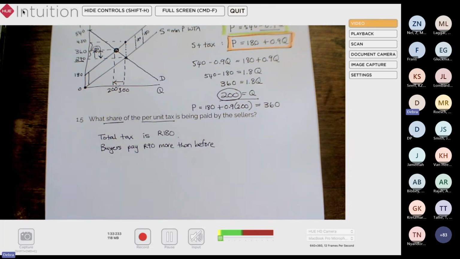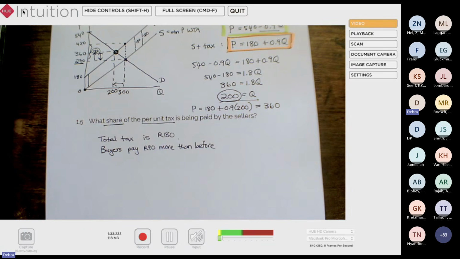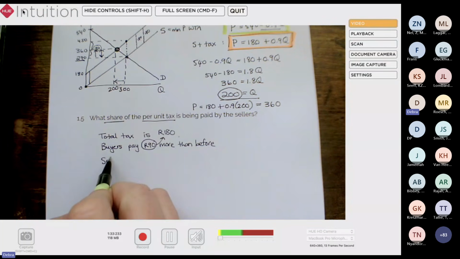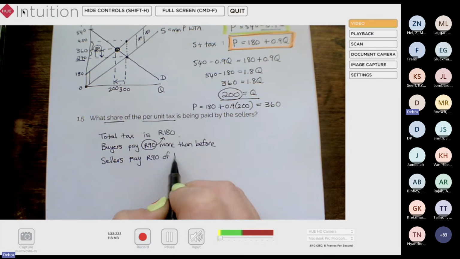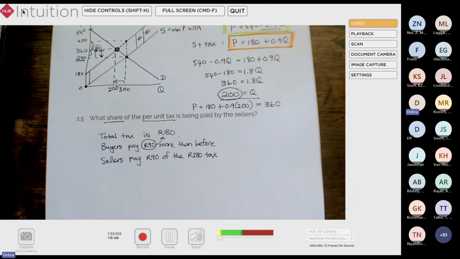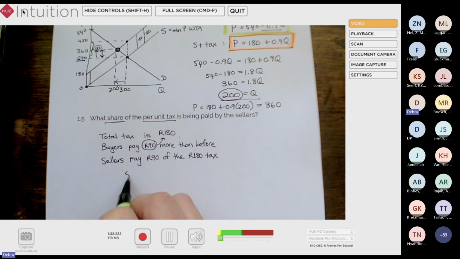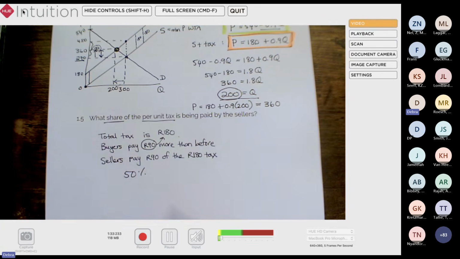So what we found out here is that sellers have been able to pass 90 Rand of the 180 Rand tax over to the buyers. So sellers pay 90 Rand of the 180 Rand tax. And 90 Rand of 180 Rand is 50%. So the seller's share of the tax that they pay is 50%.